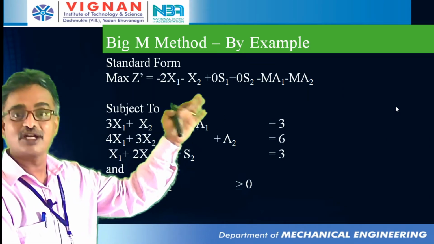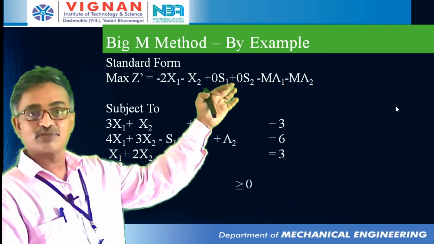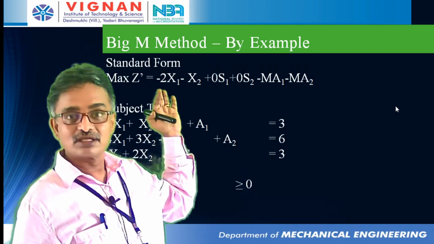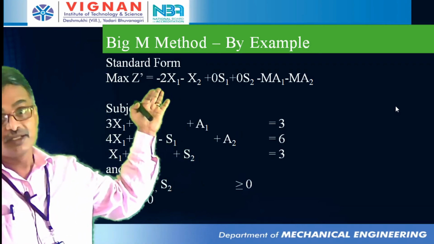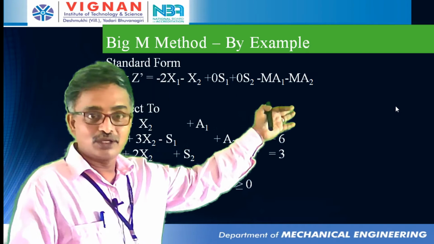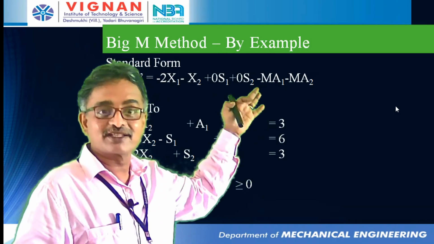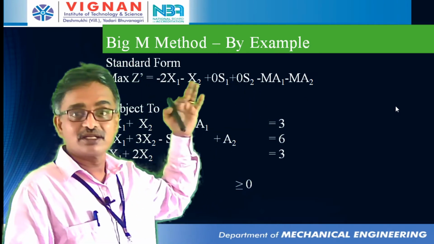That should not contribute anything. So that large penalty is given to the objective function so that it never becomes a maximum value. With respect to artificial variables, we assign minus M as the penalty in the objective function.